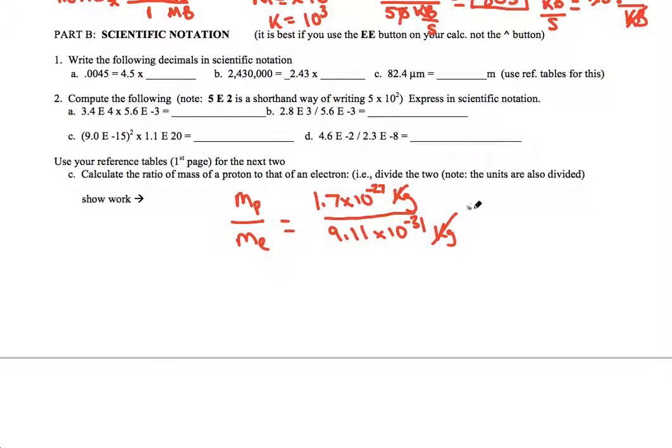The kilograms cancel out, and if you do this in your calculator, you get 1,830. Notice I rounded it to 3 sig figs. Actually, I'm going to round it once more, to 1,800. There are no units. It's 1,800 to 1, meaning that the mass of the proton is 1,800 times larger than that of the electron.